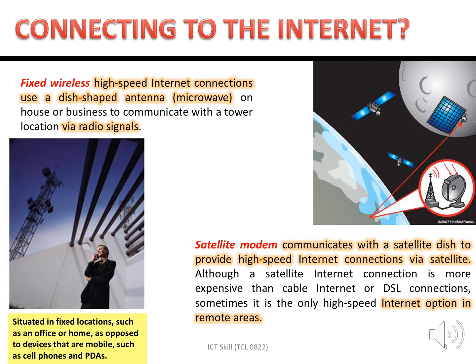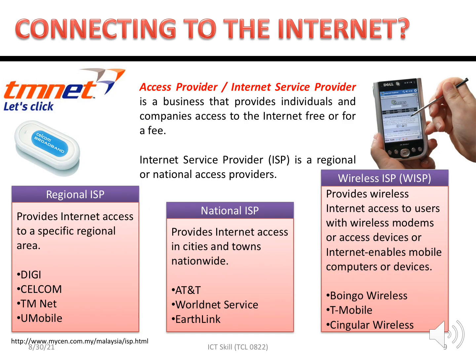Next, when you want to use the internet, first of all you have to register for the internet data. So who provides the internet connection? We go to the access provider or internet service provider, which is a business that provides individuals and companies access to the internet, either for free or for a fee.